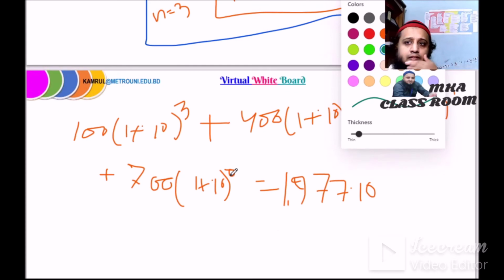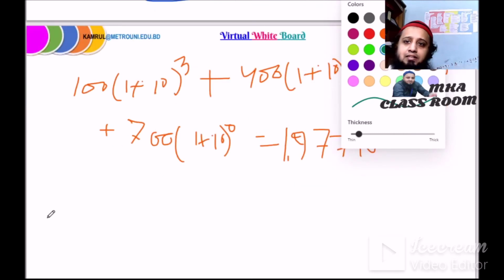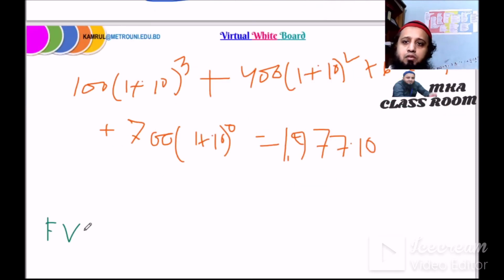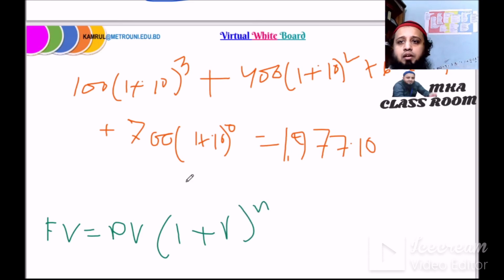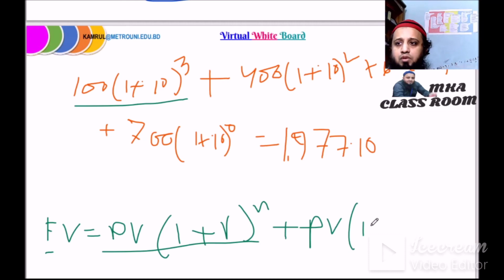Now again we see that our future value formula equals PV into 1 plus R power n. So that is the formula for our future value, and this is our future value. Here again the single amount formula 1 plus R power n is what we use.